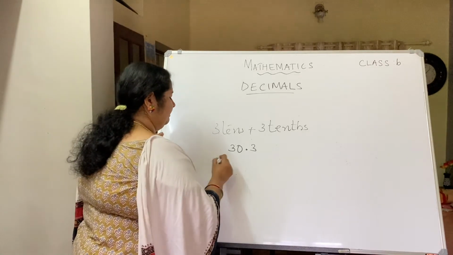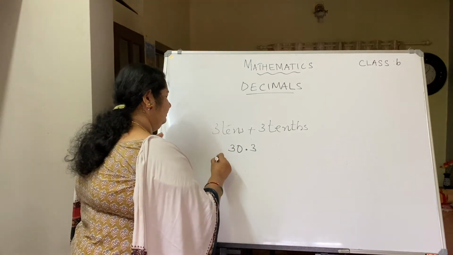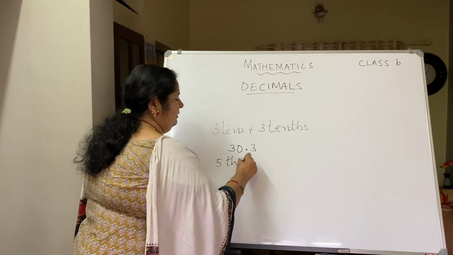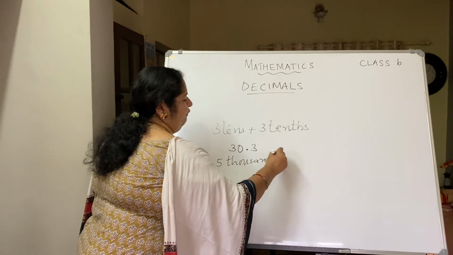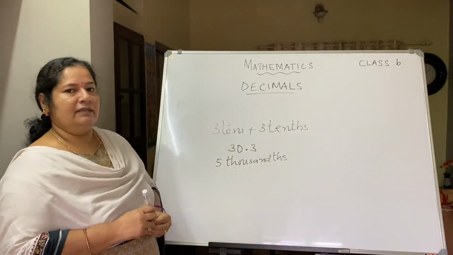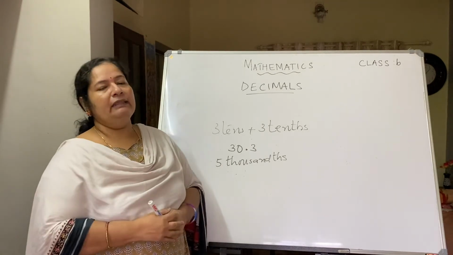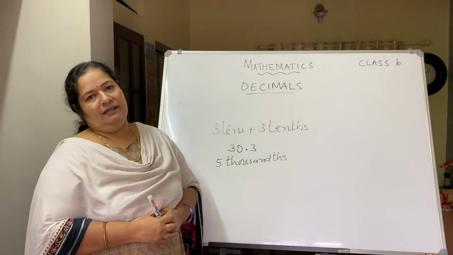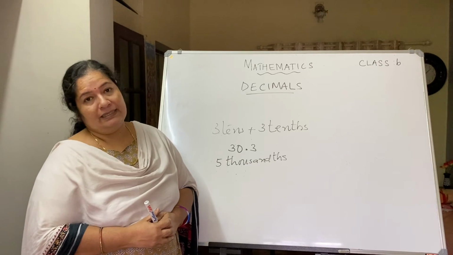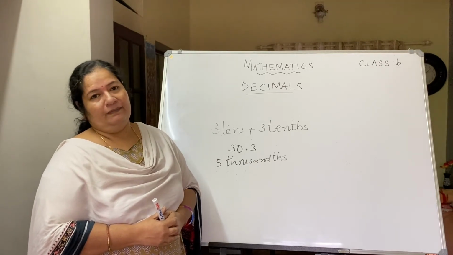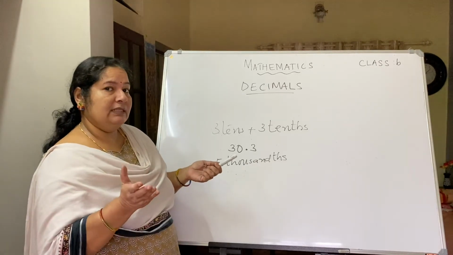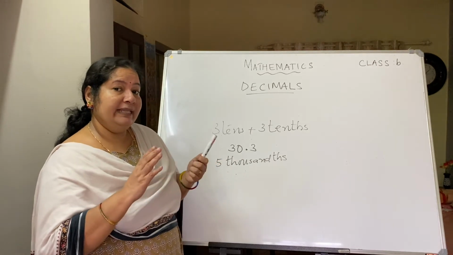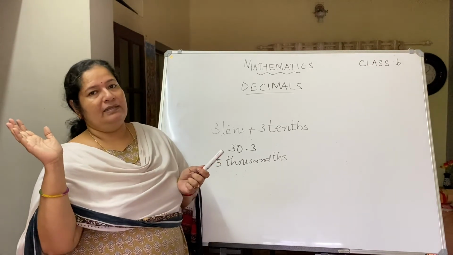Suppose it is 5 thousandths. The decimal is 5 thousandths. How are you going to write that as a decimal? 5 thousandths means only the decimal part is there.